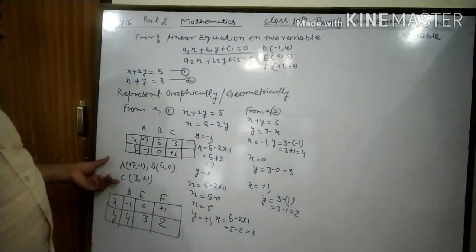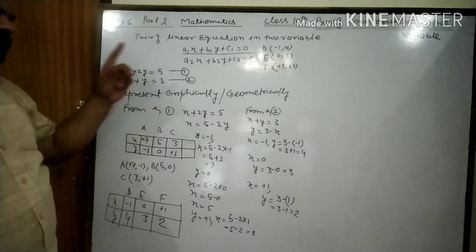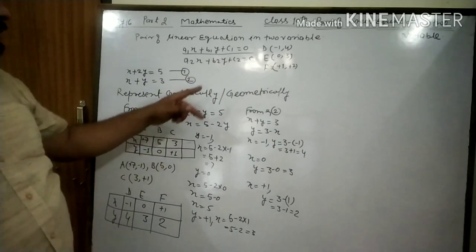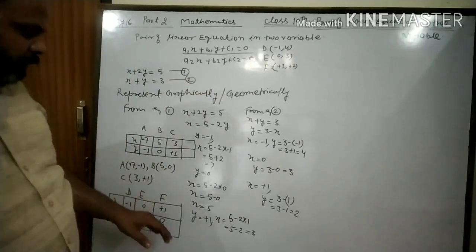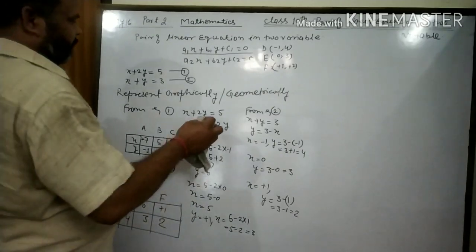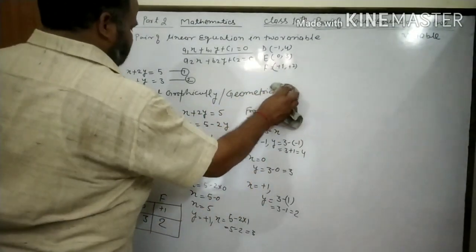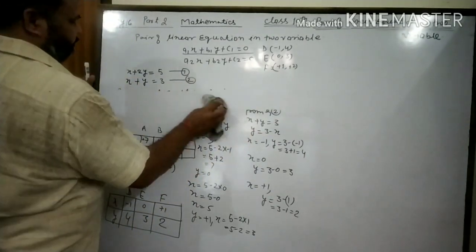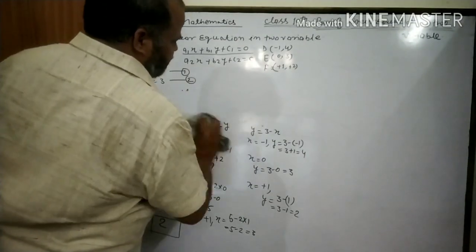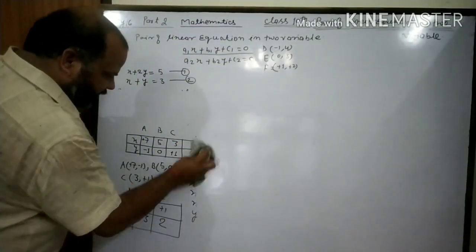Now we have the coordinates of A, B, C from equation 1 and coordinates of D, E, F from equation 2. Now plot these coordinates on the graph. See, we can plot these coordinates on the graph.